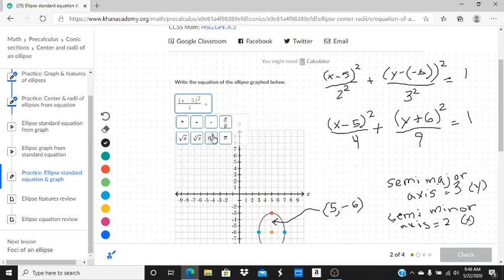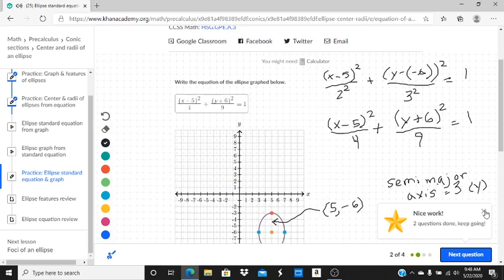Then plus, using the fraction again, y plus 6, go outside, this button, squared over 9 equals 1. Let's check our work. Look at that, more energy points. Today's a really good day. Let's move on to one more question for this video.